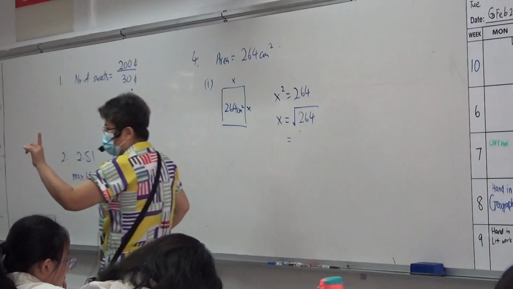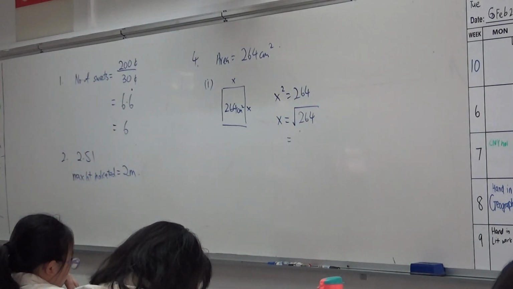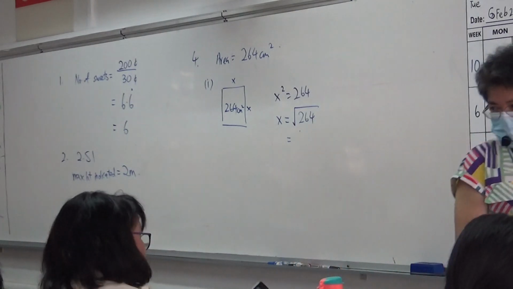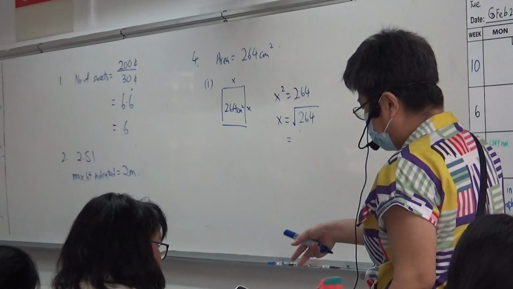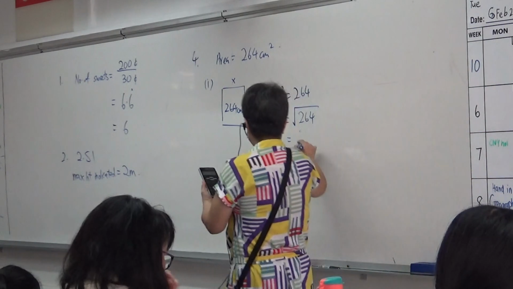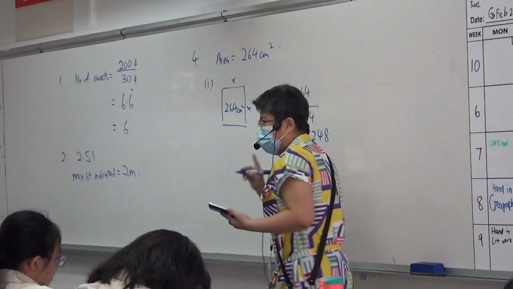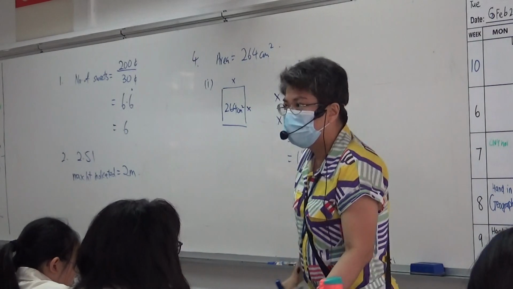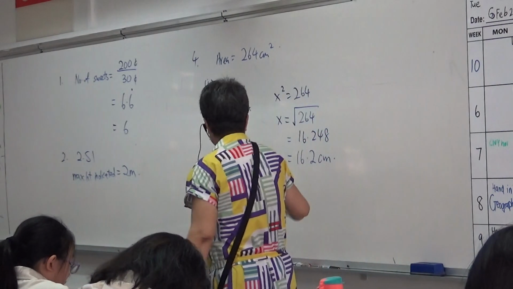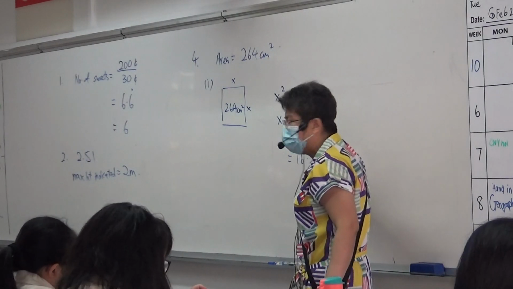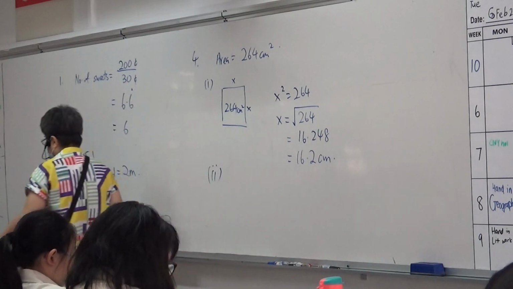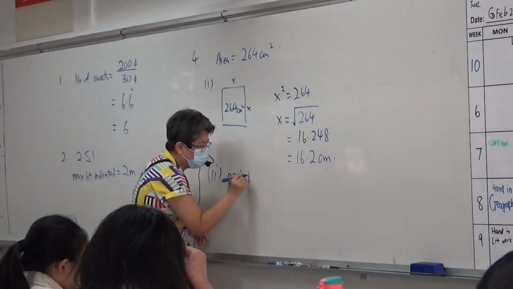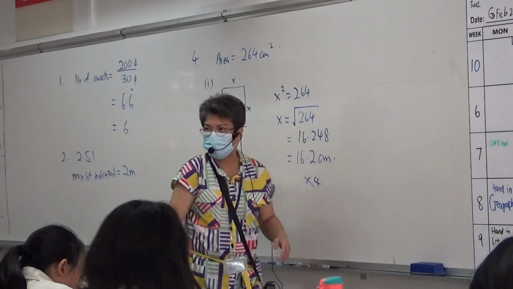Give me the perimeter. Okay, so perimeter. I must take something times 4. I take what?